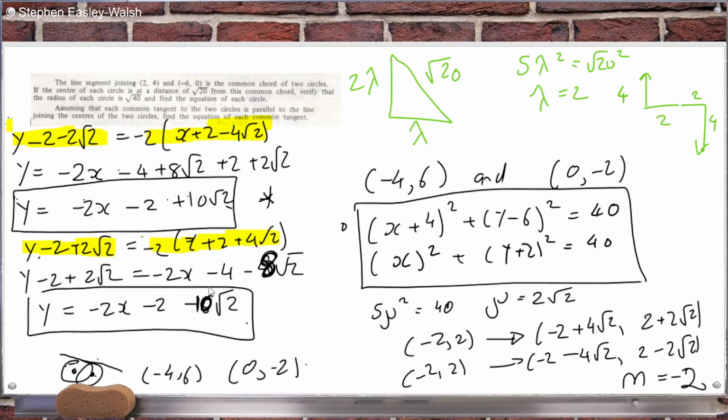Perpendicular distance would be 0 minus 2 plus 2 minus 10 root 2 divided by root 5. Yeah, root 40. Okay, so I believe these are the two tangent lines because they have a perpendicular distance of the radius.